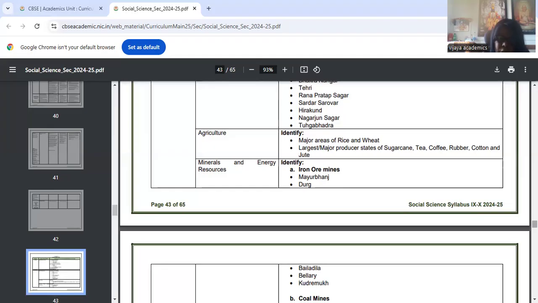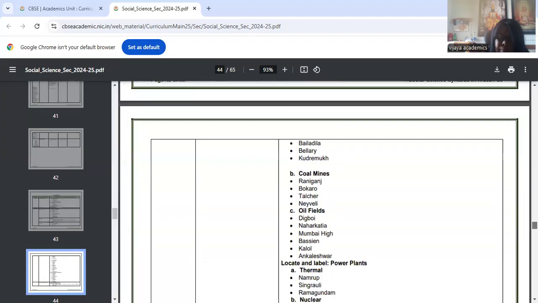Next is agriculture. Identify major areas of rice and wheat, largest major producer states of sugarcane, tea, coffee, rubber, cotton, and jute. Next is minerals and energy resources. Identify iron ore mines: Mayurbhanj, Durg, Bailadila, Bellary, Kudremukh.